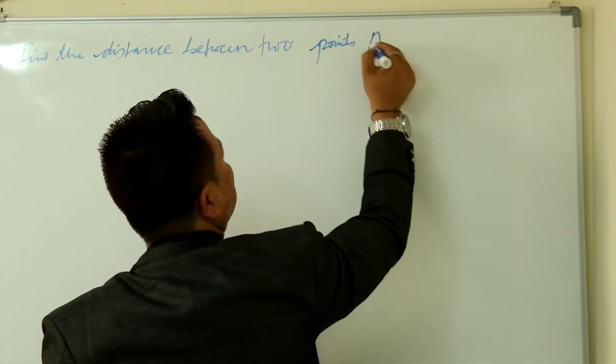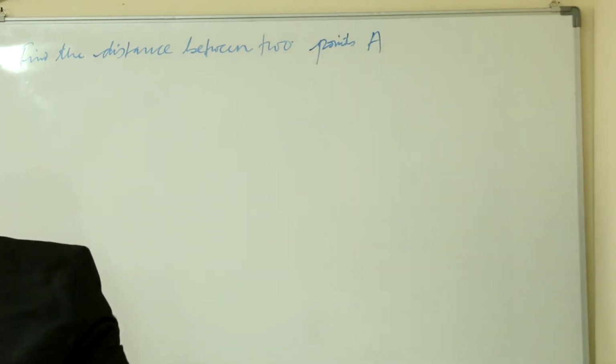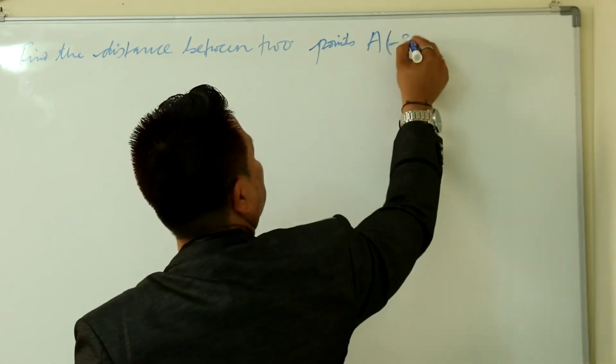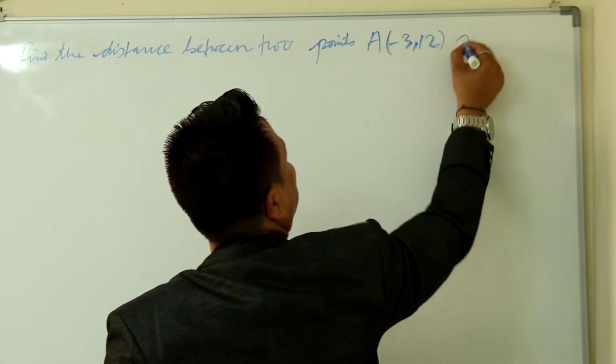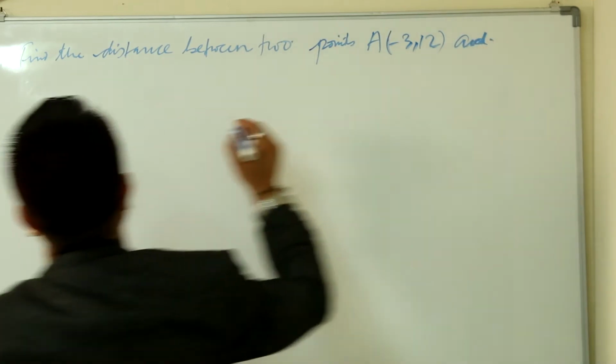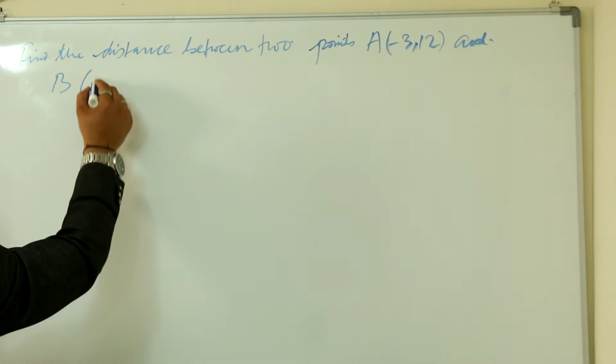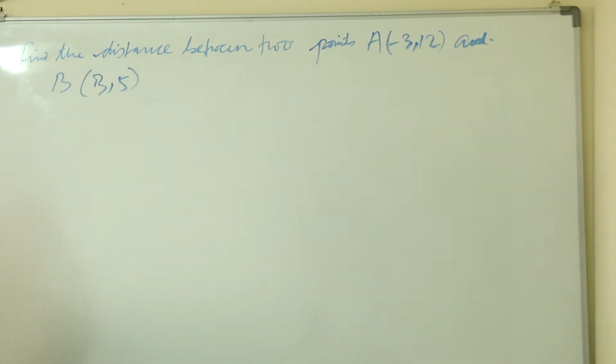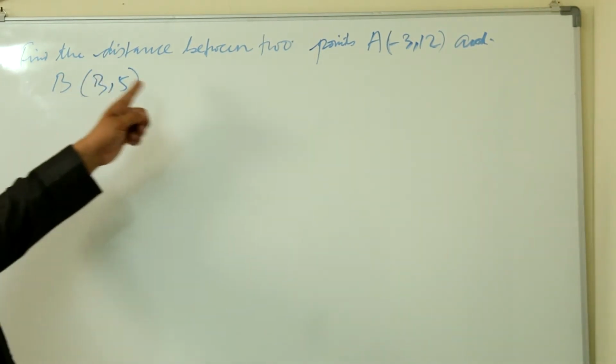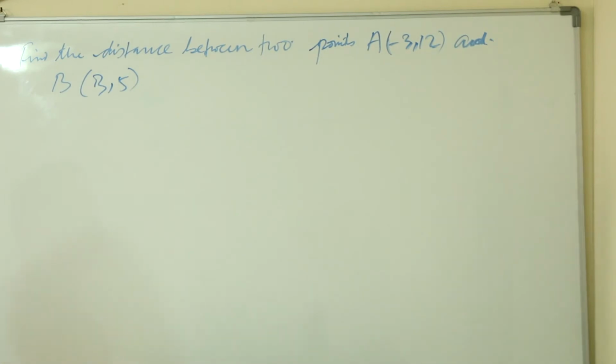For example, let's take A as (-3, 12) and B as (3, 5). Now applying that formula, find the distance between the 2 points A (-3, 12) and B (3, 5).